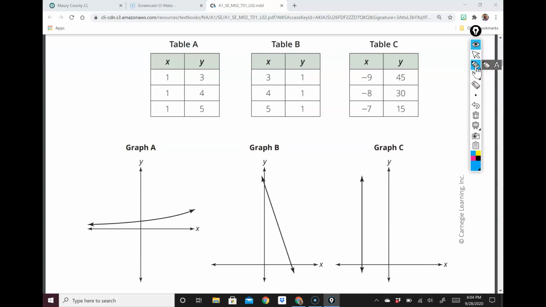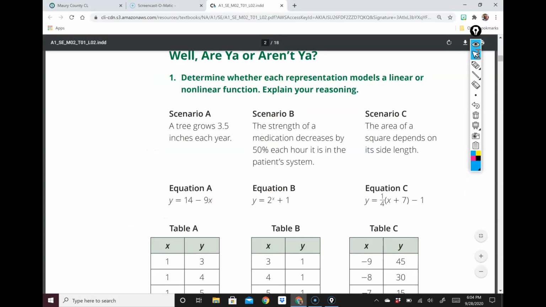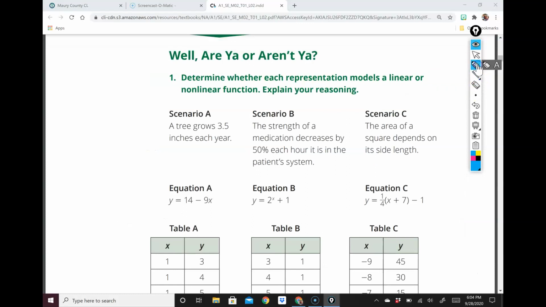Table A. Going back to the directions, it said we are looking for a linear or nonlinear function. Remember, function means that your x values do not repeat.